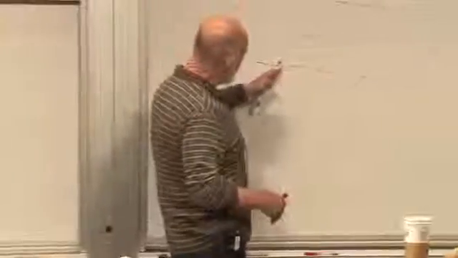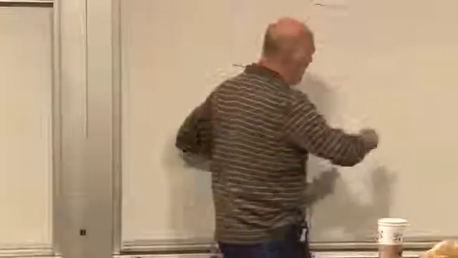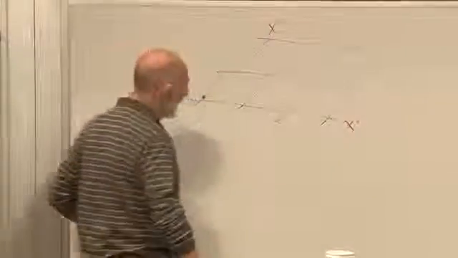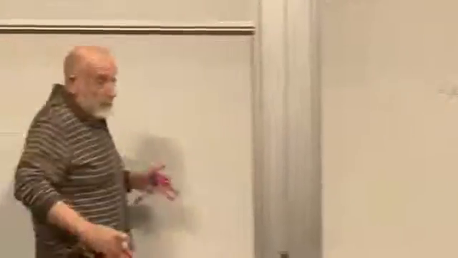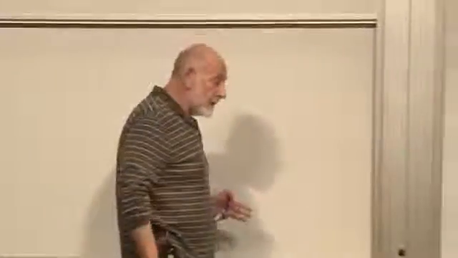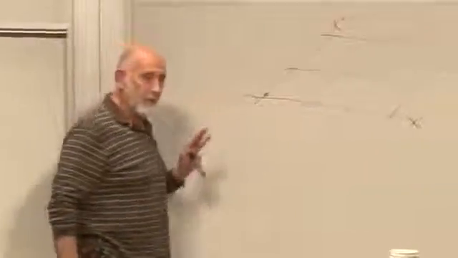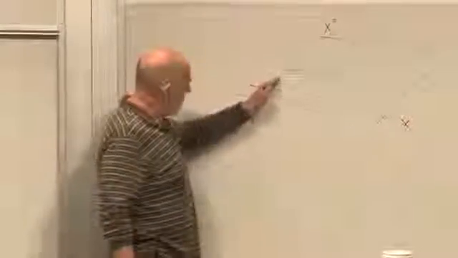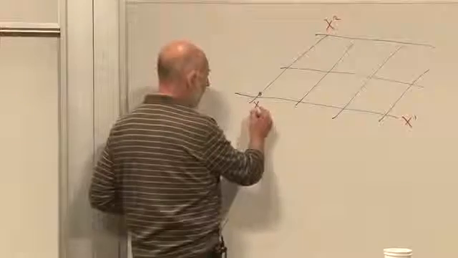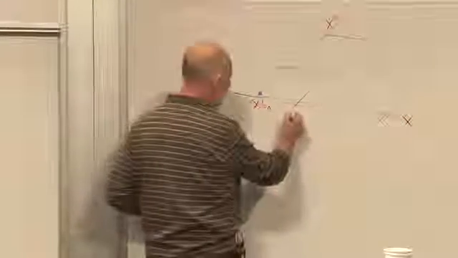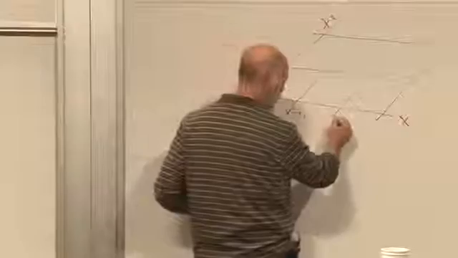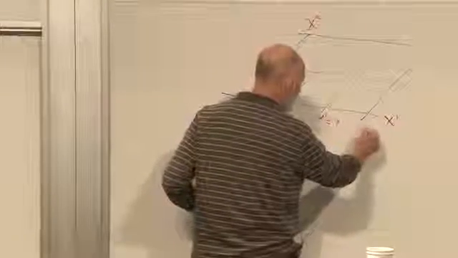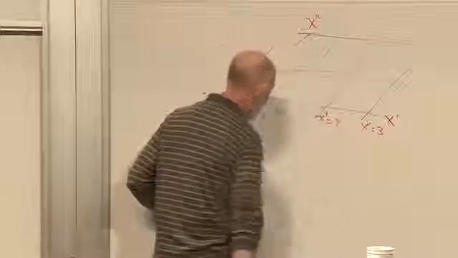Furthermore, we can call this x1, we can call this x2. They're not perpendicular relative to each other. They could be perpendicular relative to each other, but not necessarily. And the actual physical distance, let's say measured in meters, from x1 equals 0, here's x1 equals 1, here's x1 equals 2, here's x1 equals 3, and so forth.